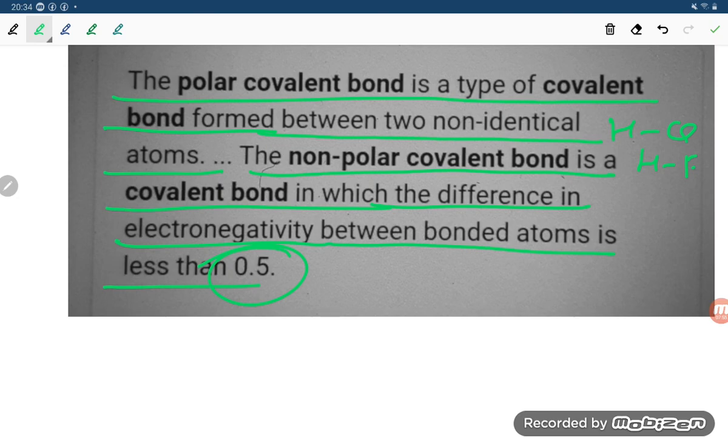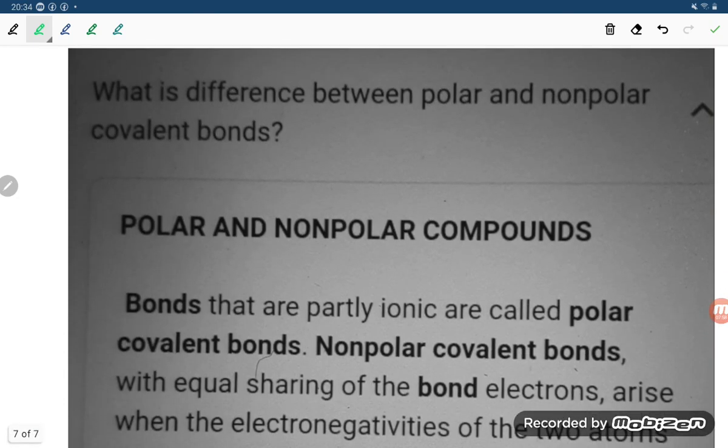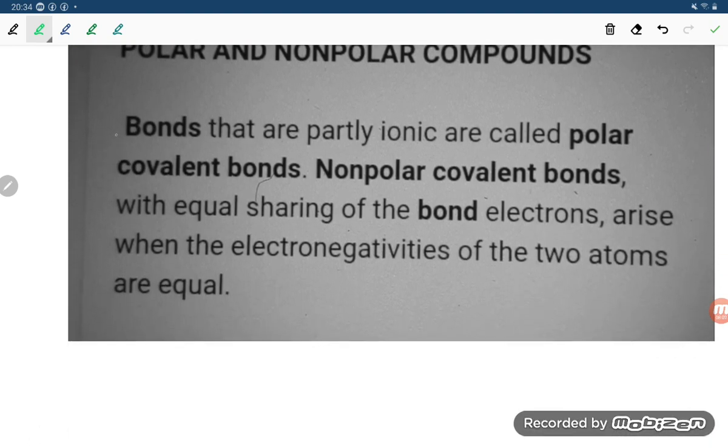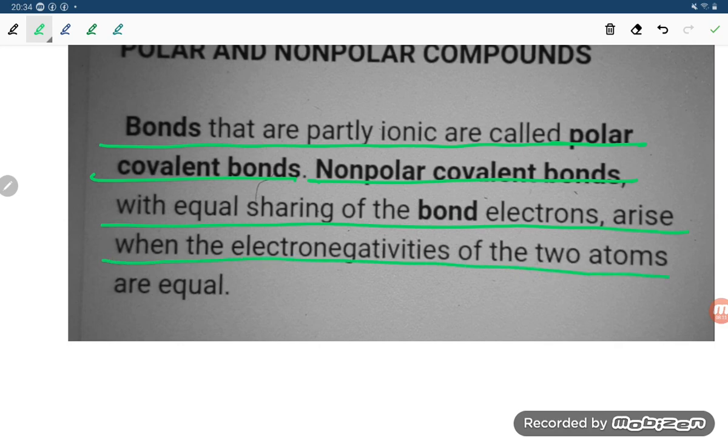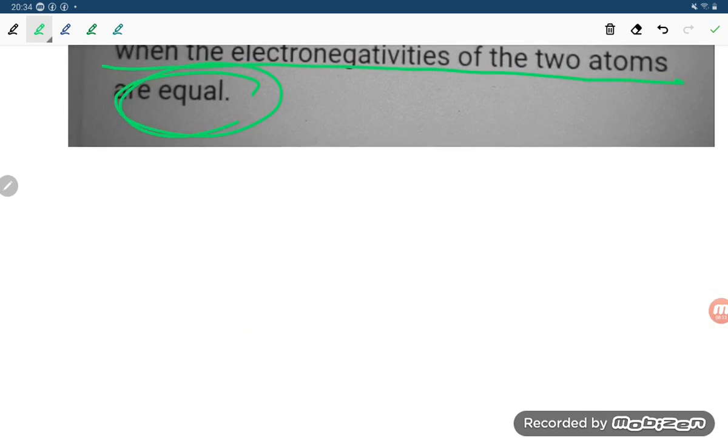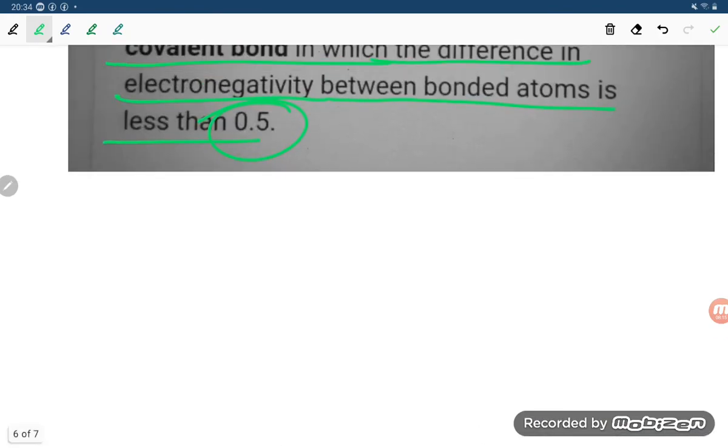Okay, so this is the reason. What is the difference between polar and non-polar covalent bonds? Polar bonds are partially ionic. A non-polar covalent bond, with equal sharing of the bonded electrons, arises when the electronegativity of the two atoms is equal. So this is all about polar and non-polar covalent bonds, student.